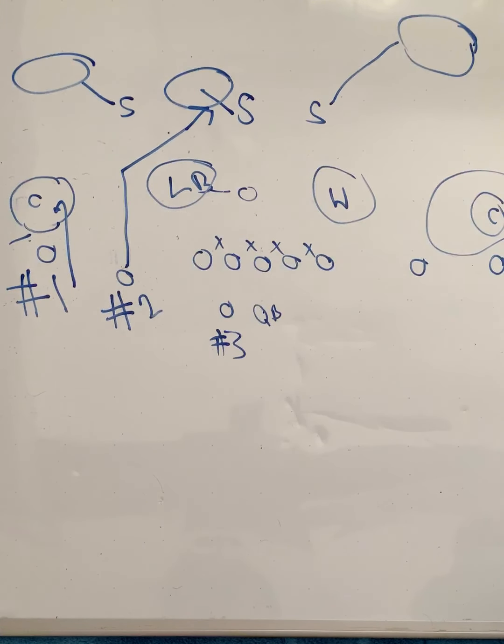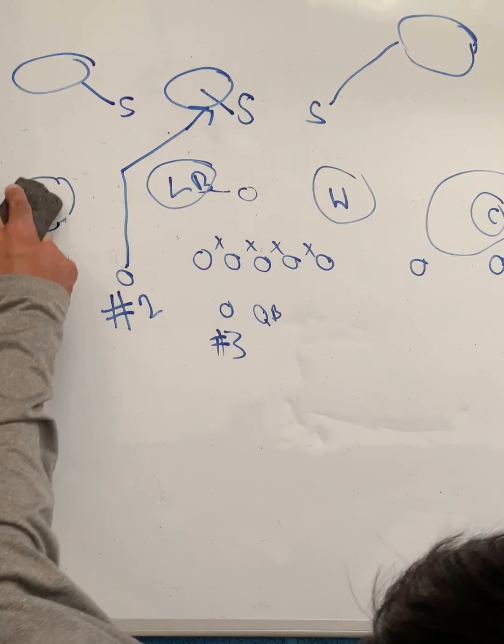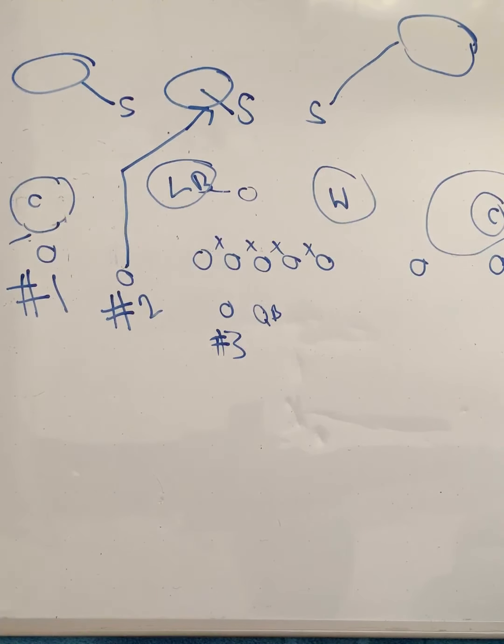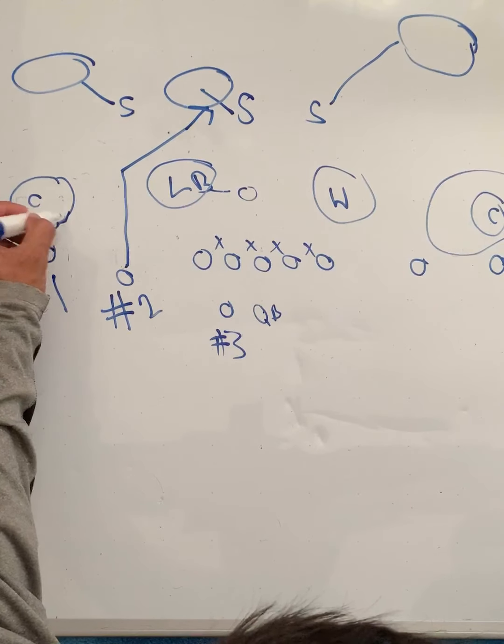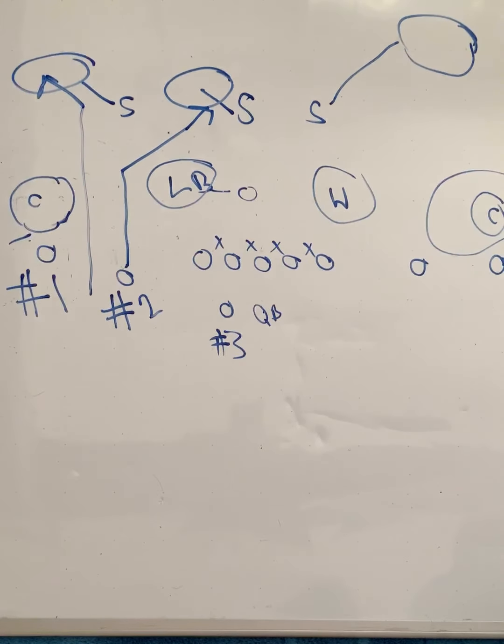That's going to be the corner's responsibility. Now, what if he doesn't even touch the corner? He doesn't even really get into his zone that much. Doesn't look like he's even going to stop, he goes straight up into that zone. He runs maybe some people call it a bench route or a corner route. That's going to be that safety's responsibility.